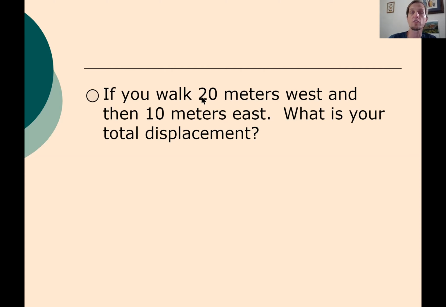So you get the difference there. 20 minus 10 is 10. All right, if you didn't get that, rewind this portion and watch it again. But again, you traveled 20, you came back 10, so 20 plus 10 is 30 is what you actually traveled in distance. But where you started and where you ended up, it's only 10 meters.